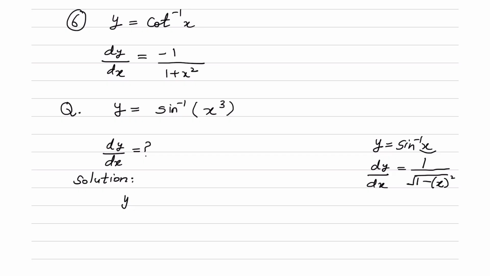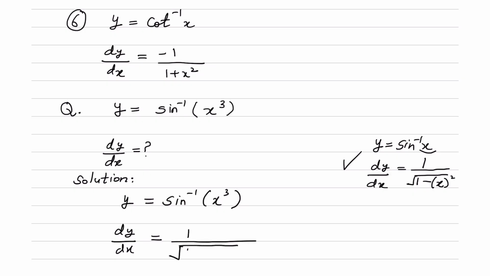Now for y equal to sine inverse x cube, its derivative using this formula is 1 over square root of 1 minus angle square. Here the angle is not x but x cube, multiplied by the derivative of the angle. Here the angle is x cube, its derivative is 3x square.